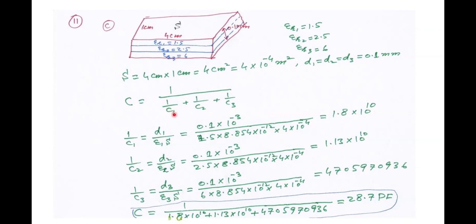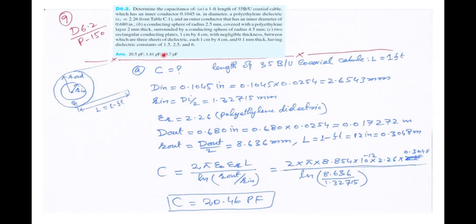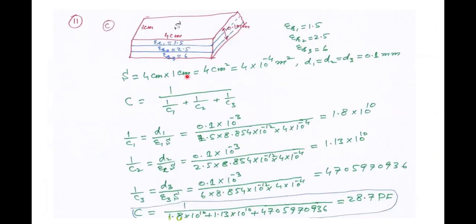First define 1 upon C1, 1 upon C2, 1 upon C3 for the given data, and then finally plug in the values of 1 upon C1, 1 upon C2, 1 upon C3 in this relation. We conclude that the capacitance of this structure is equal to 28.7 picofarad, which I think exactly matches the answer given in the book.